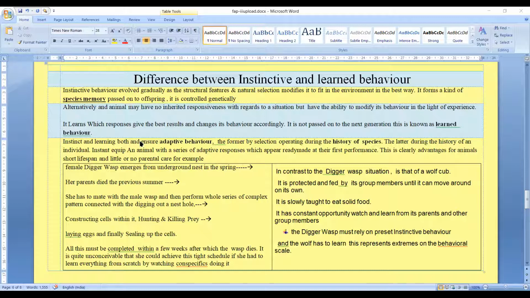That is, it favors natural selection. The latter, that is, the learned behavior, ensures adaptive behavior during the history of an individual. So, see, instinct: history of the species; learned behavior: history of the specific individual.